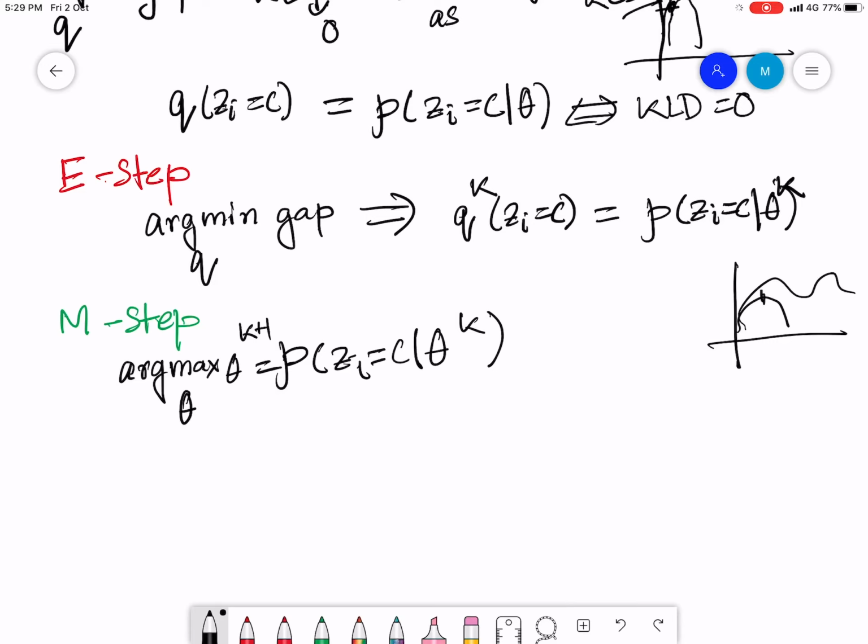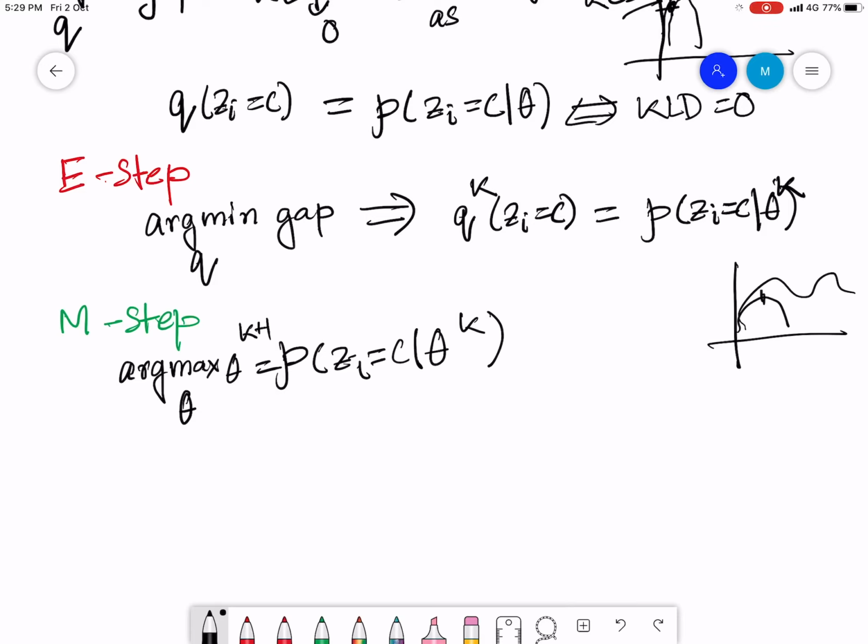Here also you can see in the Gaussian distribution what it basically means. If you fix theta, that is some mu and sigma, and you know zi equals the probability of belonging to cluster 1, then theta k plus 1 is mu 1, sigma 1. That is nothing but the maximum likelihood estimate of the Gaussian, which is just the data estimate.